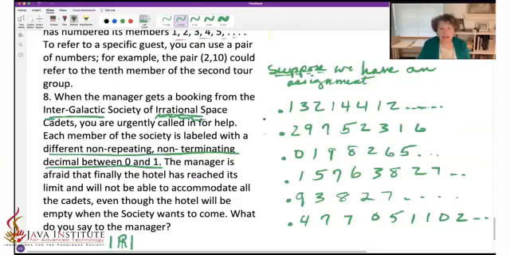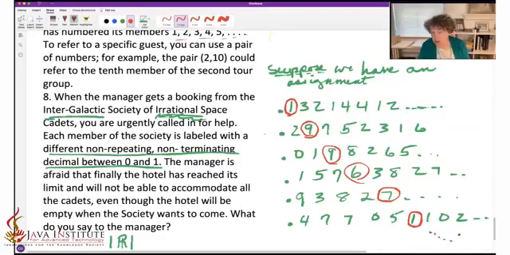Well, the manager looks at our list, and the manager says, well, you can't have all the people because I'm going to look at these numbers. And this is called Cantor's diagonal proof, because these numbers go down the diagonal. The thing is with this, we have a procedure.